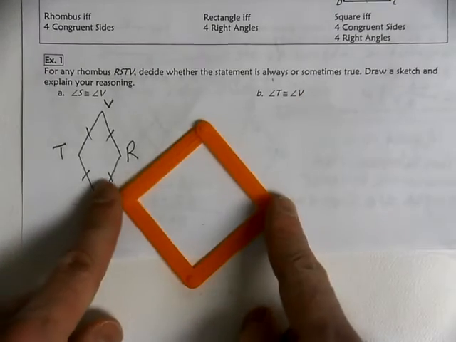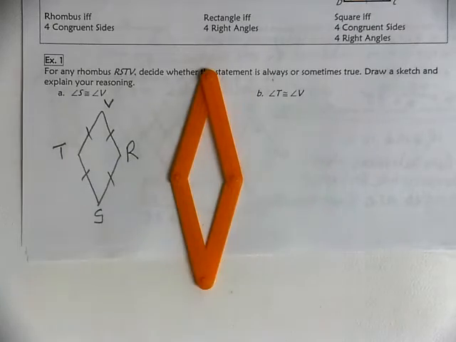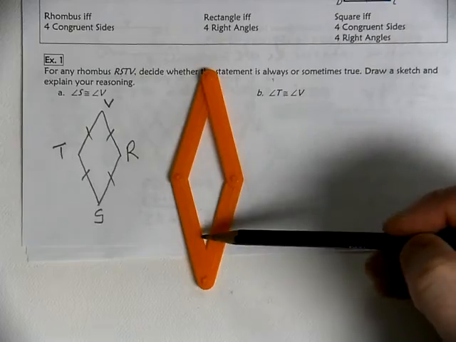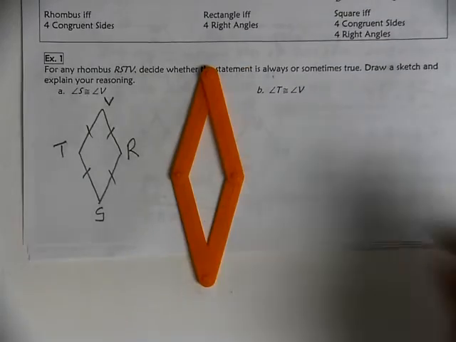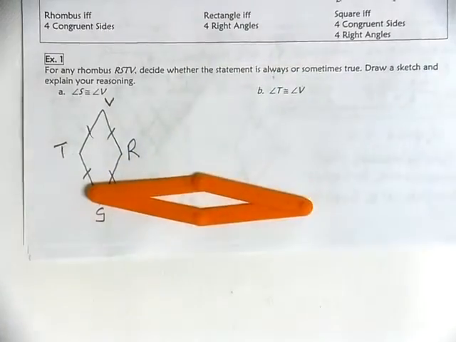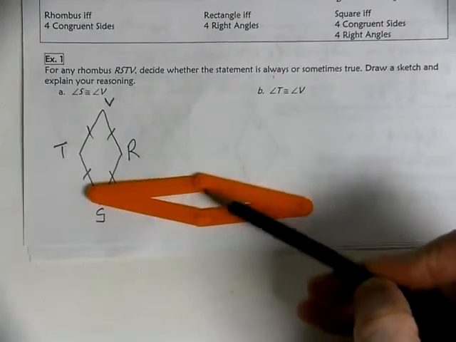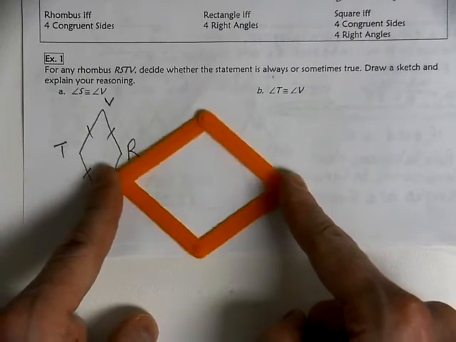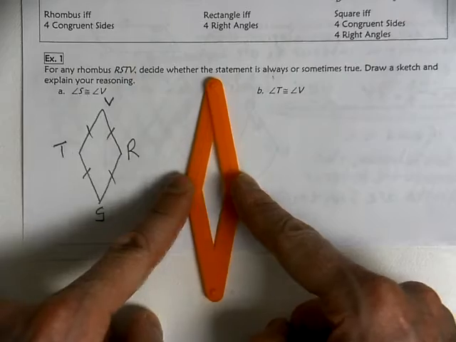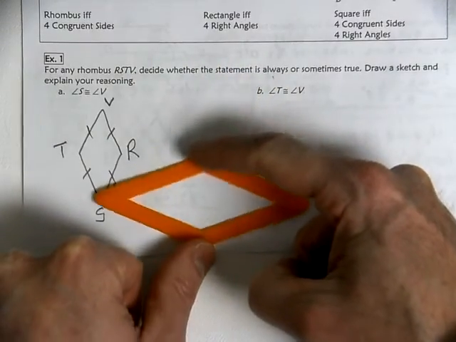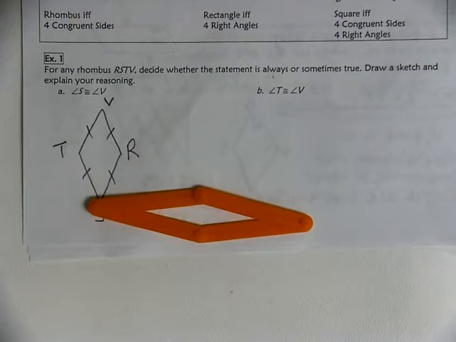Well, let's go ahead and take a look at our little figure. We have opposite angles. Right now they're both small. And as I adjust it, can we ever get it where the top and the bottom angle, one is small and one is big? And the answer is no. They always stay exactly the same. Always the same. It's a parallelogram, right?